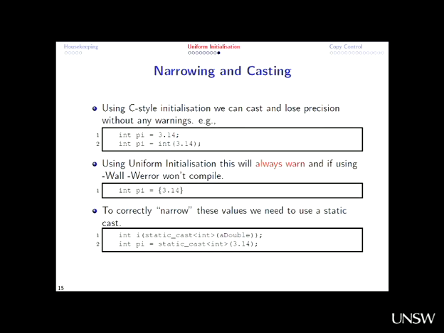So the point of going through all this is to bring together what we've looked at over the last couple of weeks: we've looked at constructing objects, we've looked at casting objects, and there are many different ways of doing things. But these are some of the problems that you can start to fall into. And so what we should be doing is always trying to write C++11 compliant code. There are lots of old coding styles that you'll see.